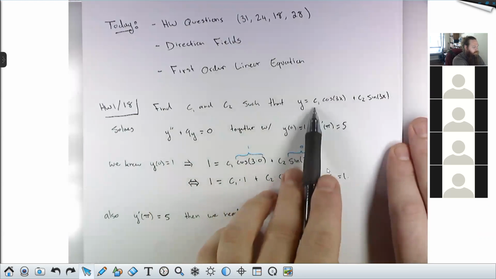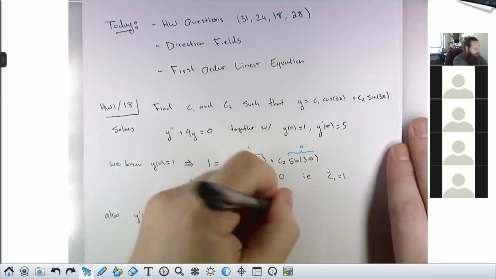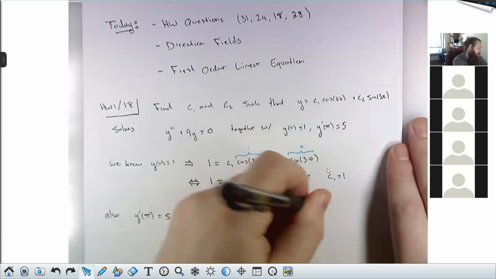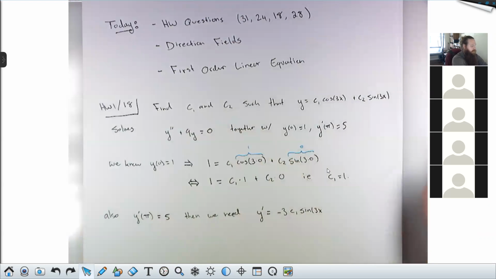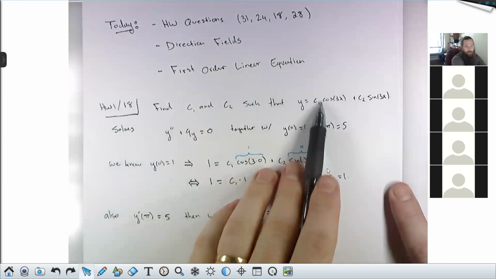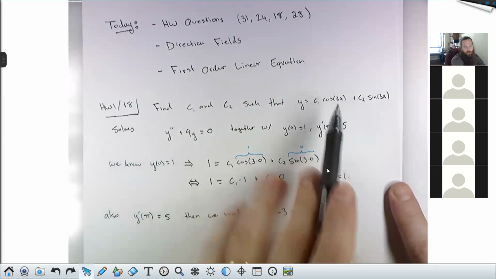If I differentiate C1 times cos 3x, I'll get negative 3 C1 sine 3x. That's a chain rule derivative, right? The C1 is a constant. Don't have to worry about him. He's just coming along for the ride. And the derivative of cos 3x is negative 3 sine 3x.